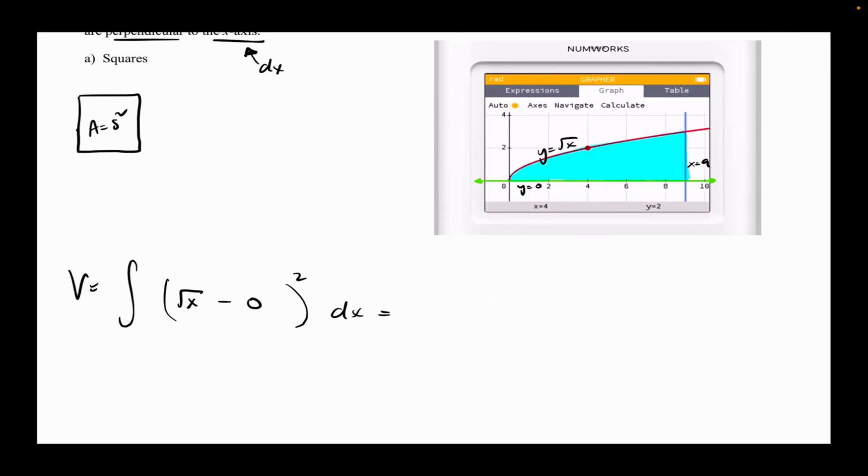So now I've got to find the bounds. Since this is dx, the bounds are going to go from left to right. So where is the beginning of the blue and where is the end of the blue? 0 to 9. Calculator time.